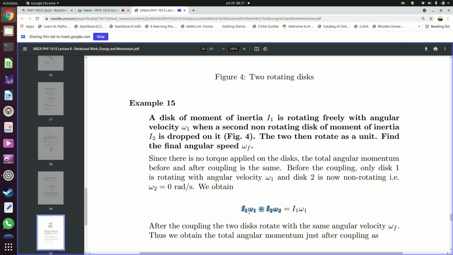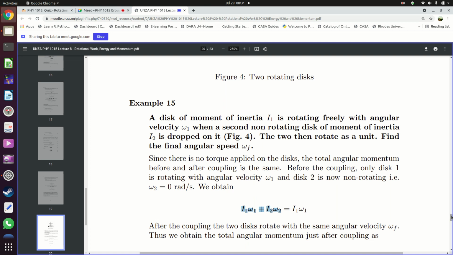So I was supposed to write omega f1 or something like that. Here we have the moment of inertia of the first disk multiplied by its angular velocity after coupling, plus the moment of inertia of the second disk multiplied by its angular velocity after coupling. This bit needs to be rewritten so that it looks much better.